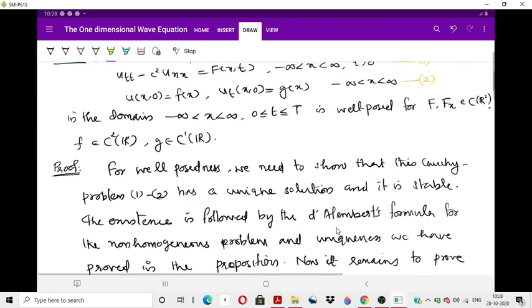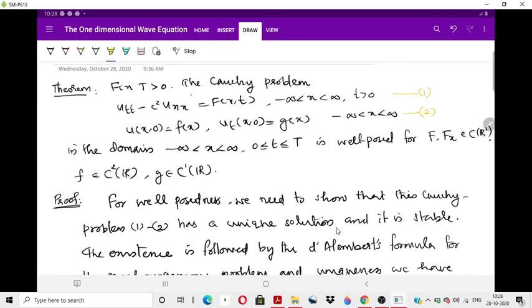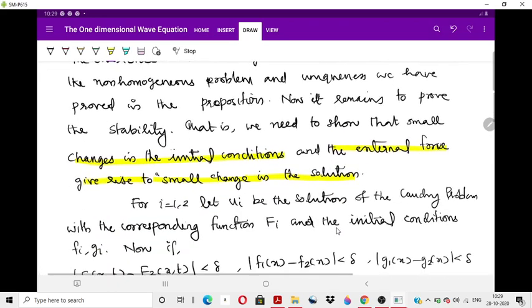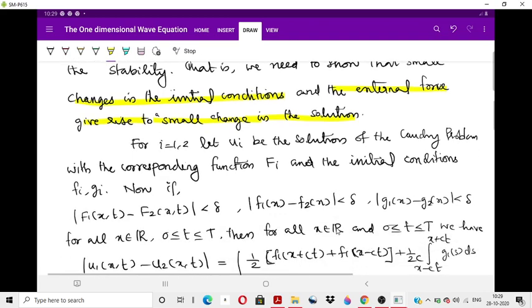The first one is u_tt minus c squared u_xx equal to F1 of x,t with the initial conditions u1 at x,0 is f1 of x, u_t at x,0 is g1 of x. And another problem with F2 and initial conditions u at x,0 as f2 of x, u_t at x,0 as g2 of x.